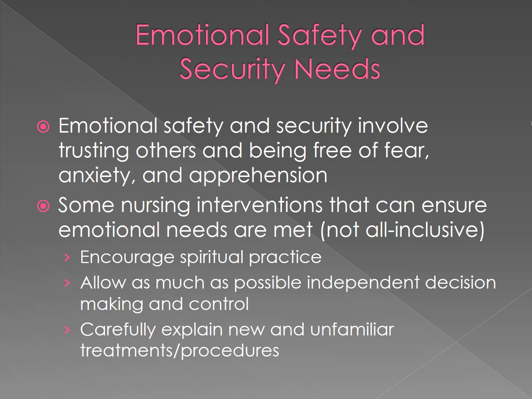They're afraid of a procedure. They're fearful that they're going to be in pain. So as a nurse, there are many interventions that we can do to ensure emotional needs are met. And this little list here is by all means not inclusive of everything that we can do to help maintain an individual's emotional safety and security.